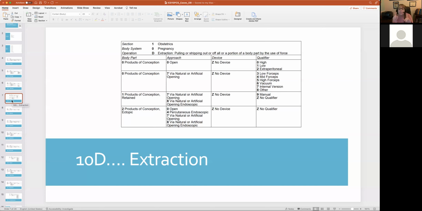Okay. But here's what I want you to notice. This is an assisted delivery. This is not where the doctor just sits there at the bottom of the table with a catcher's mitt waiting for the baby to come shooting out. Okay, that would be the express path.